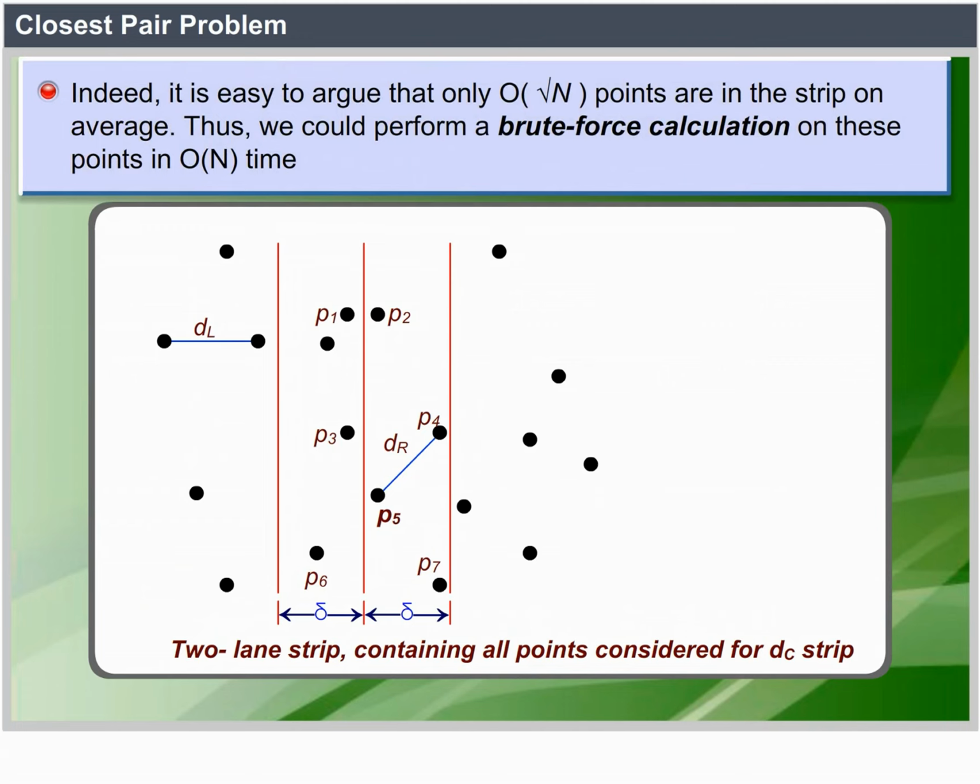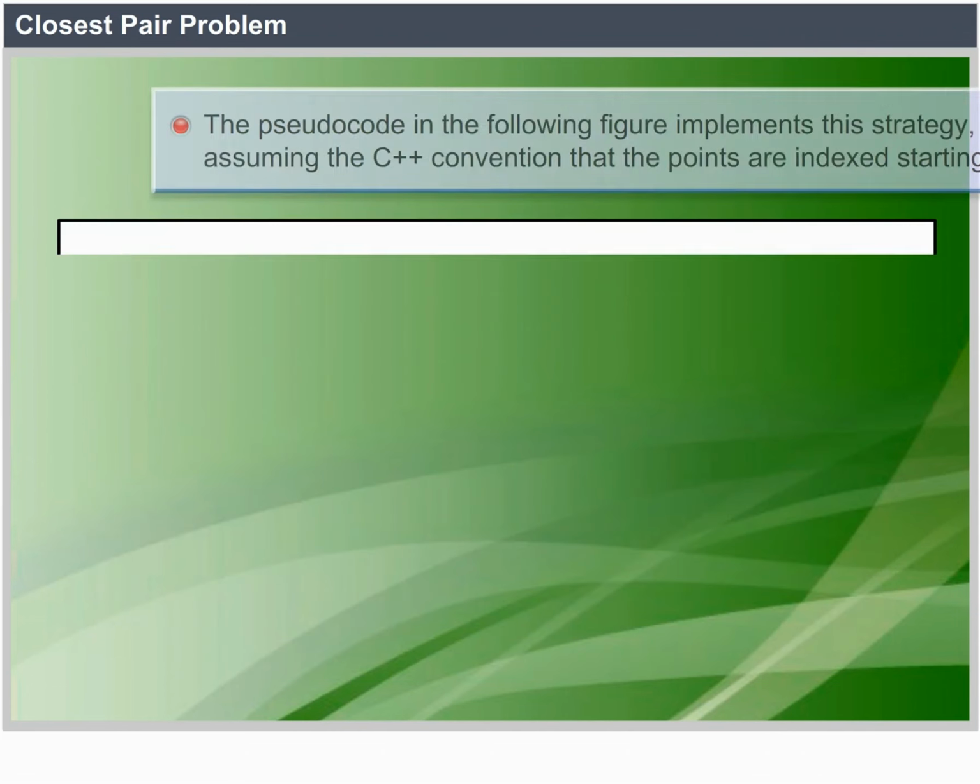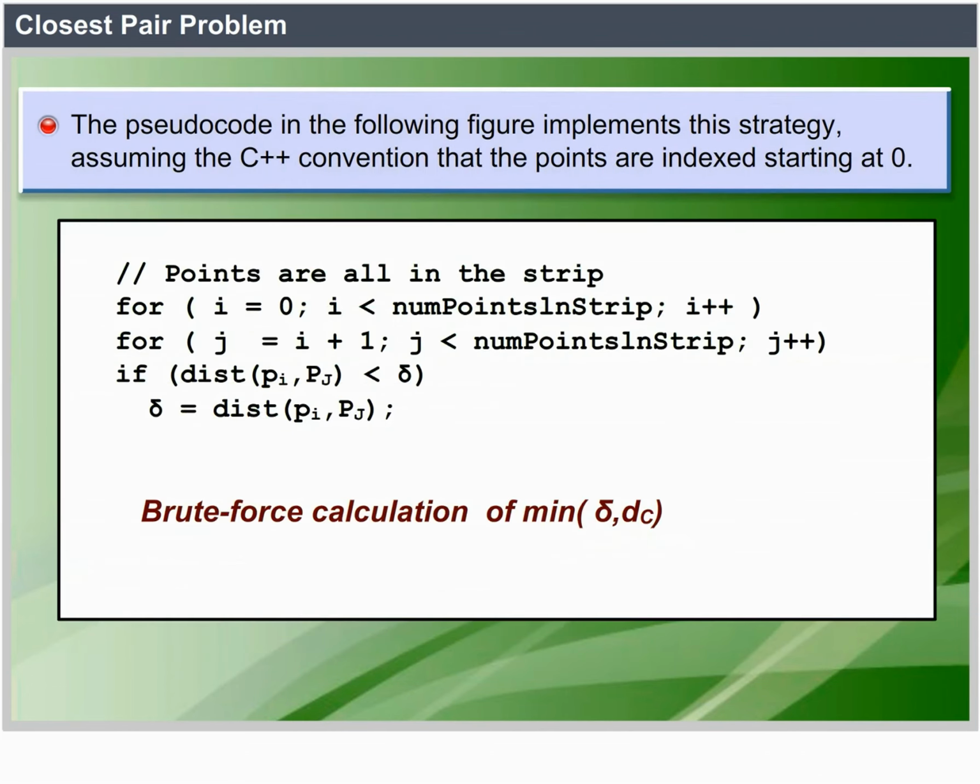Thus, we would perform a brute force calculation on these points in O(n) time. The pseudocode in the following figure implements this strategy, assuming the C++ convention that the points are indexed starting at 0. In this figure, the brute force calculation of min(delta, DC) is shown.